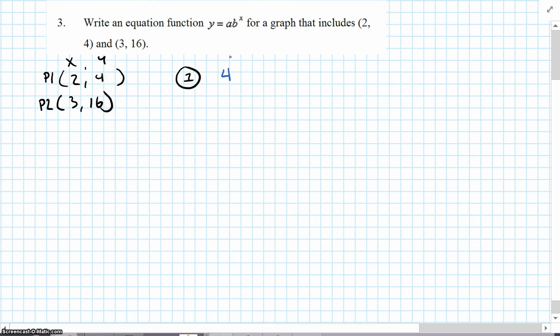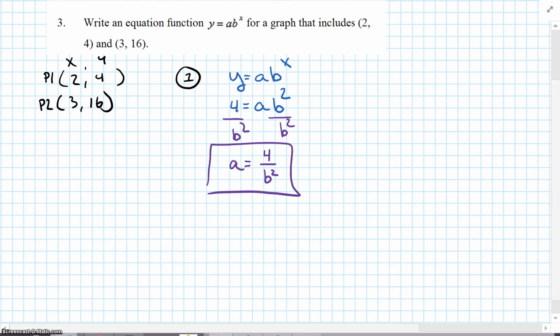So let's start with basics. y equals ab to the x power. So it's going to be 4 equals ab squared. So solve for a. So divide each side by b squared. So a is going to be 4 over b squared. That's important for us to know.